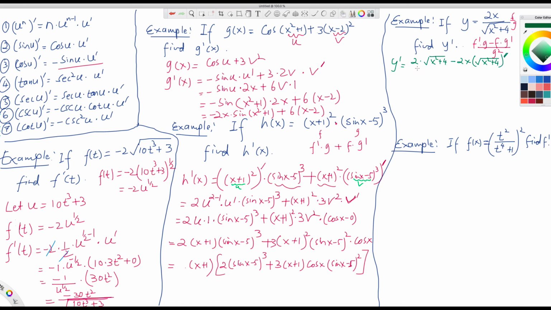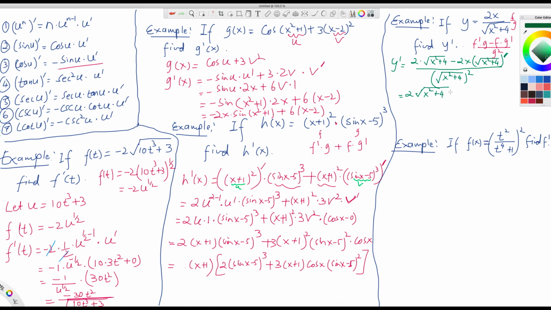You see that? Over g square is root x squared plus 4 and then square of this. You see that? Now the first term we will keep as it is because there is no derivative there. So that will be 2 root under x squared plus 4.